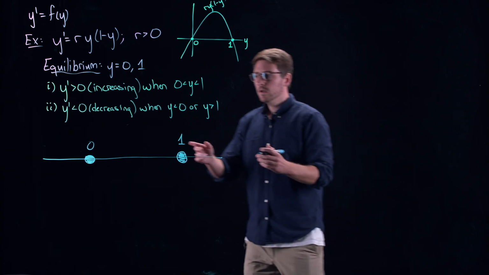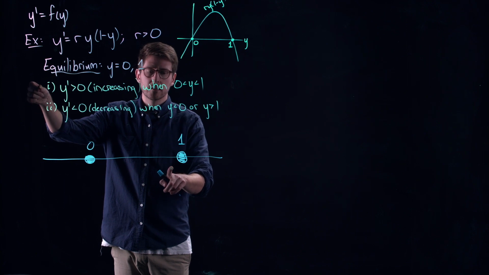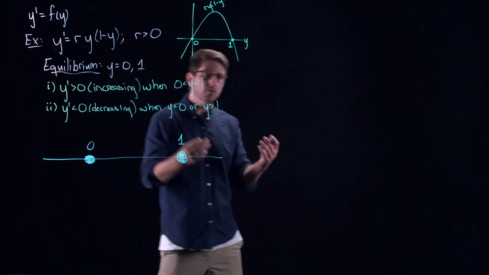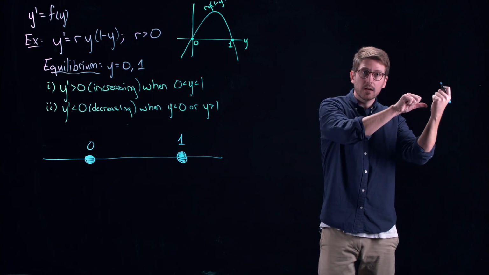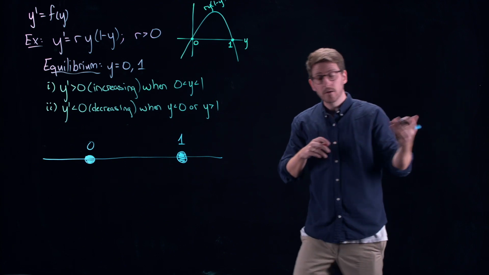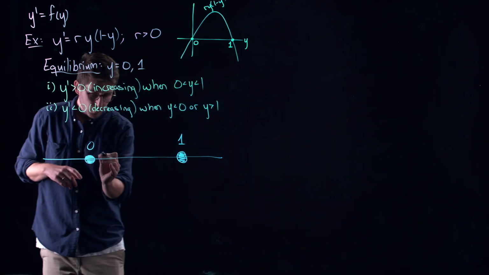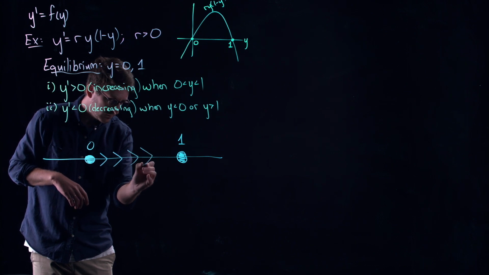And what I know is that if I'm between these equilibria, then I am increasing. Now, I am increasing the value of y. I am moving to the right on the number line, right? We know that when we move to the right on the number line, numbers get bigger. So here's what we do. We indicate that with arrows.